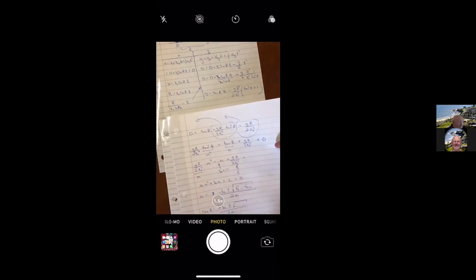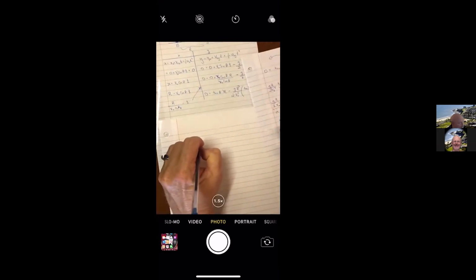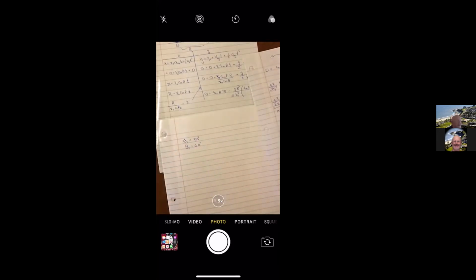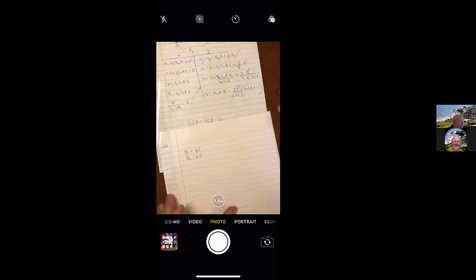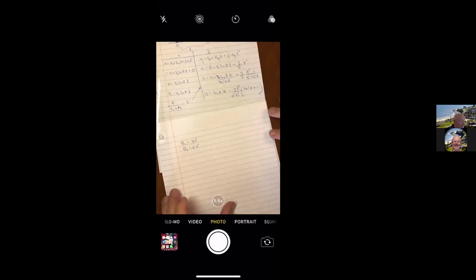So if it worked out that answer number 1 was 30 degrees, then answer number 2 is 60 degrees. That would be a little bit easier to see had I solved this a little differently.